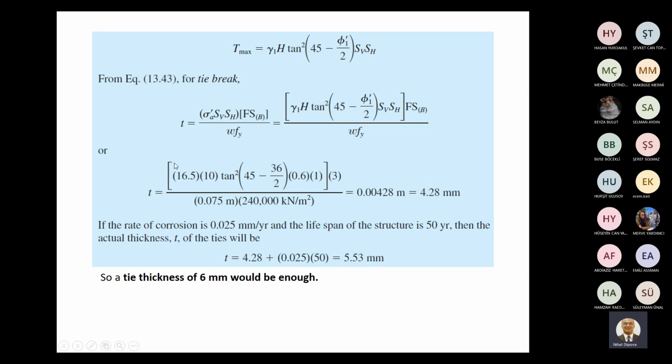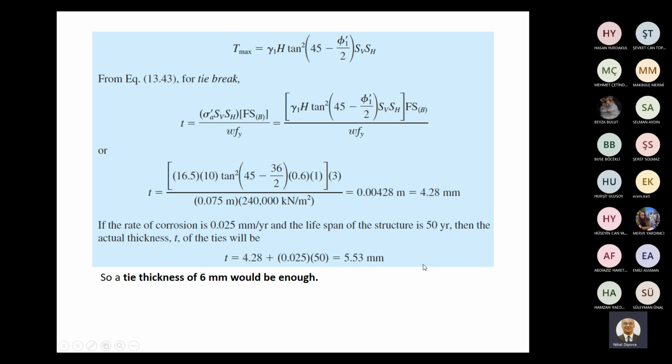And for tie break, assuming a safety factor, multiplying by T maximum and dividing by W times the strength of the element, one single strip. So thickness is 4.28.